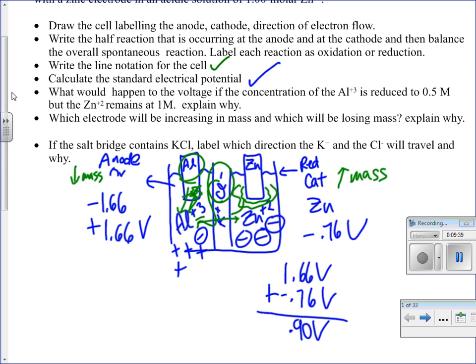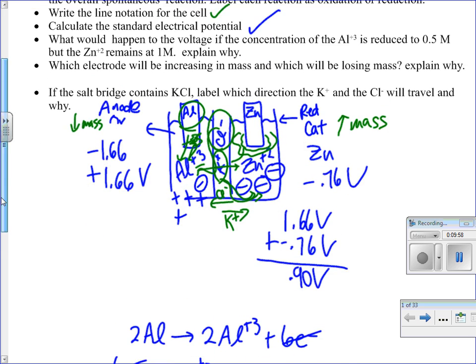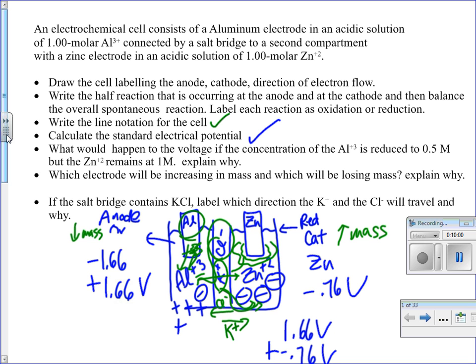And some of the positive, in the form of the K plus, will go this way. So this side is going to gain K plus, where the other side will gain the Cl minus, just to keep that charge balanced out. So pretty much that's how we go through and work through an electrochemical question.